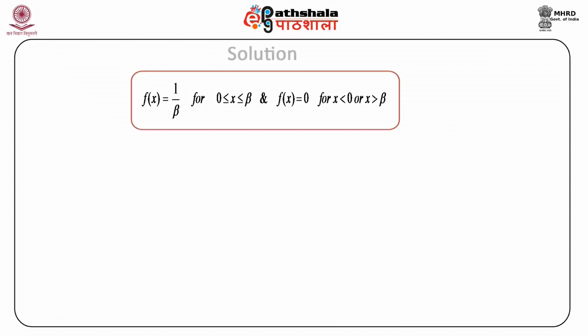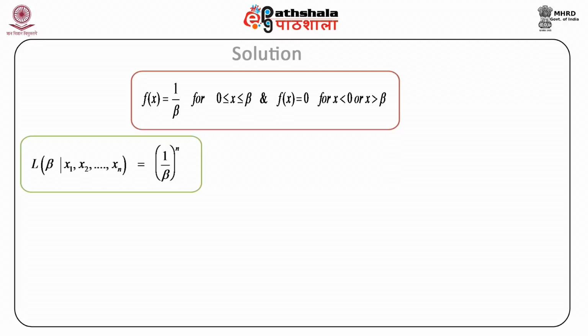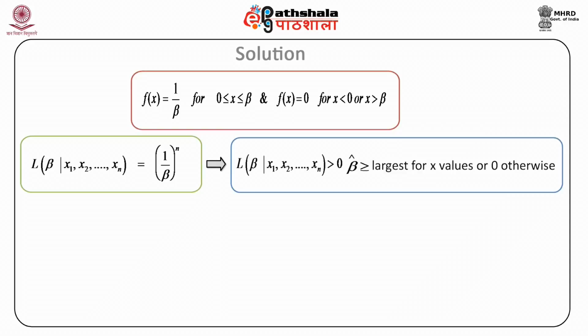However, based on logical analysis, we can arrive at the maximum likelihood estimator for beta. So first we set up the likelihood function, which is L of beta given all these values of sample x1 to xn, and is equal to 1 upon beta raised to the power n, where beta is the largest of the x values in the sample.